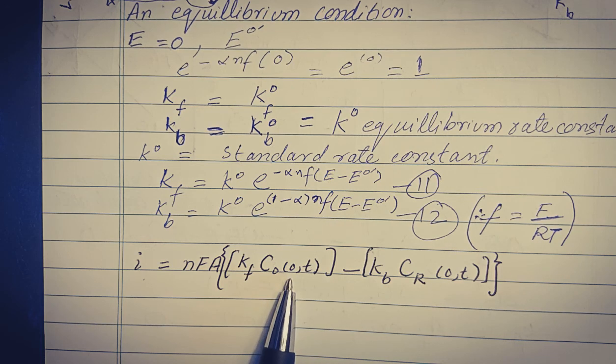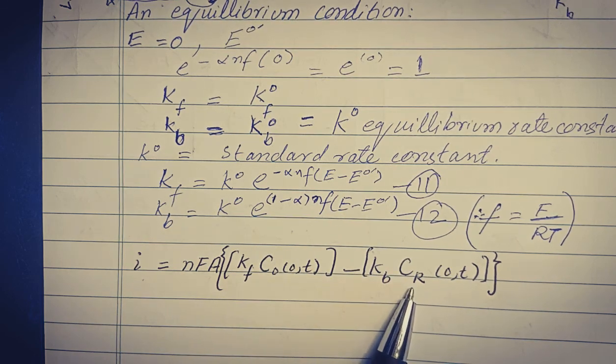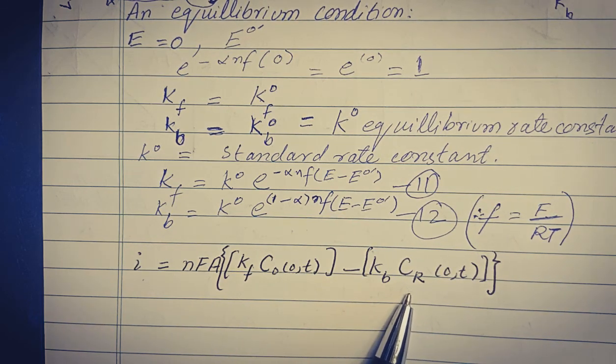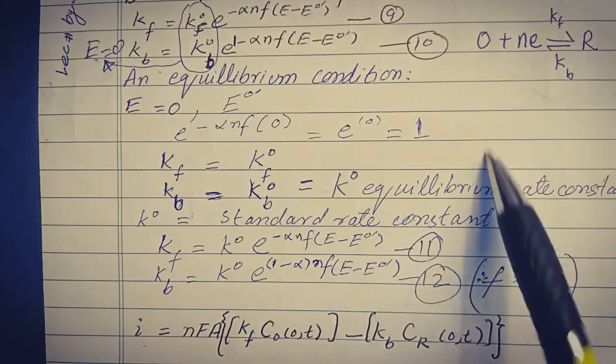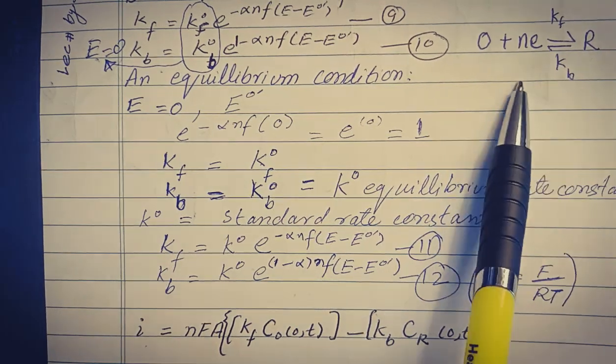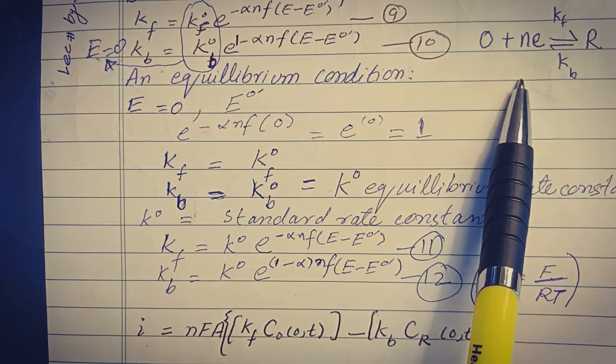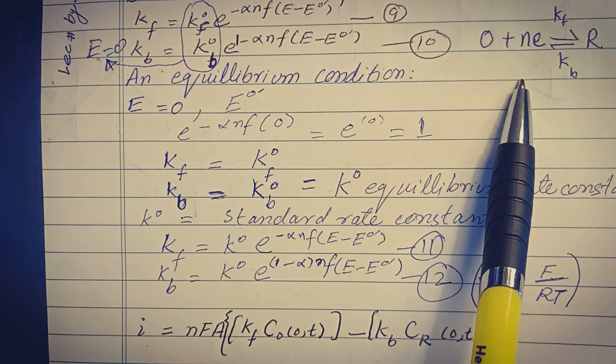It means that this species is present at the surface at the respective time, whereas Cr is the concentration of the reduced form according to the example of redox reaction given here.